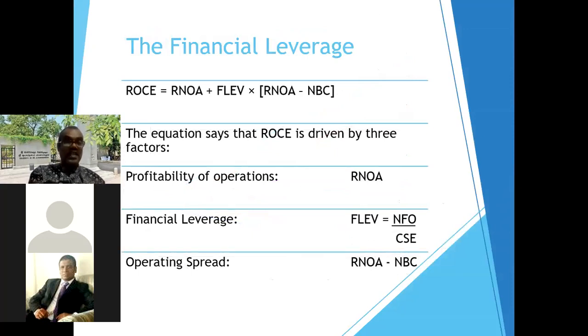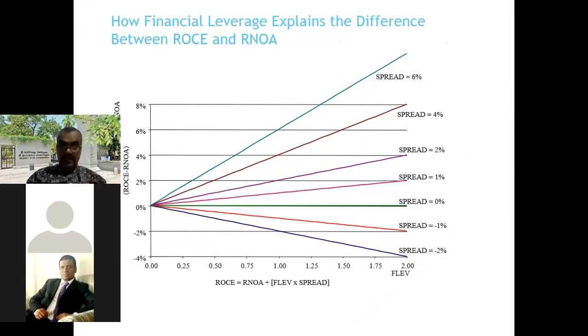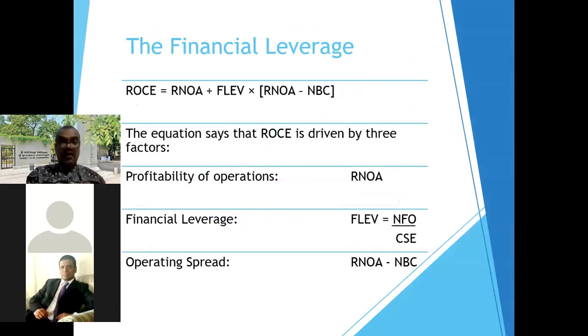That means ROCE 20, return on net operating asset is say 14. Then the difference is, sorry, no, not that. This one, spread is this one, right? Our return on net operating asset is 16, net borrowing cost is 10.